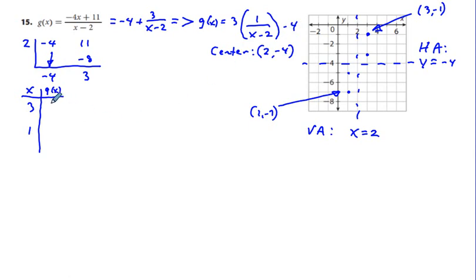So 3 minus 4 is -1. If we plug in a value of 1, in the denominator we're going to get 1 minus 2, or -1. So we have 3 times -1, or -3 minus 7, -7. Check.